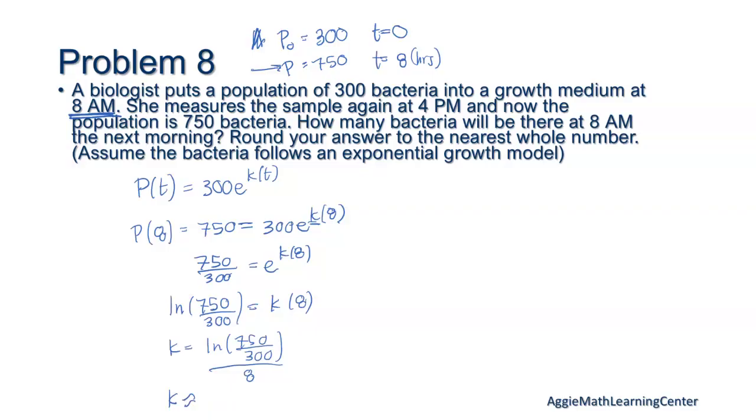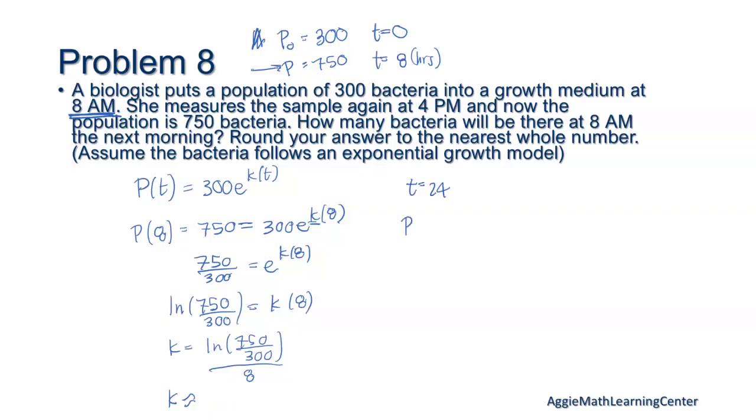So, I'm still interested in how many bacteria there will be at 8 a.m. the next morning. What will the t value be at 8 a.m. the next morning? 24, perfect. And we know that because it's been a whole day and there are 24 hours in a day. All right, and now I want to know what is P of t.